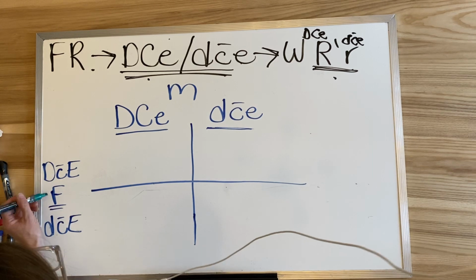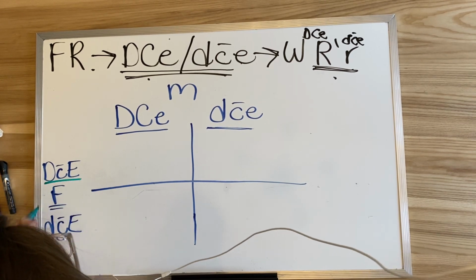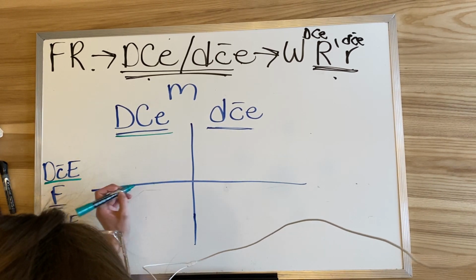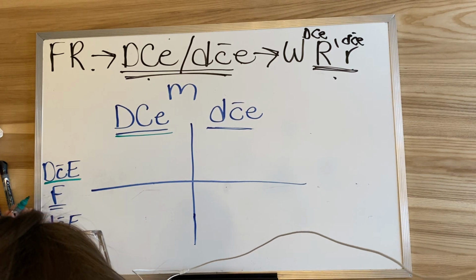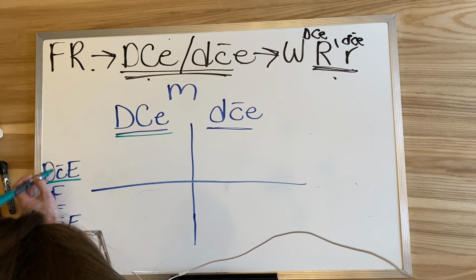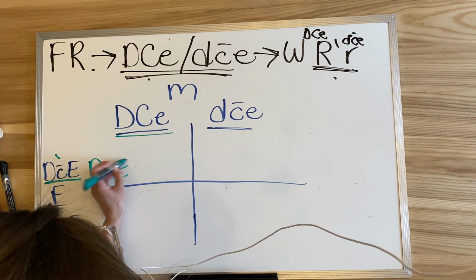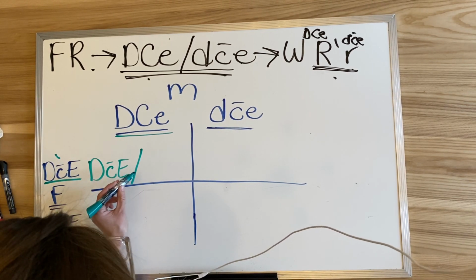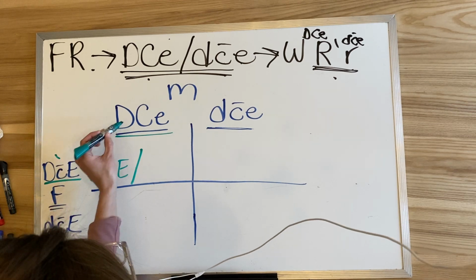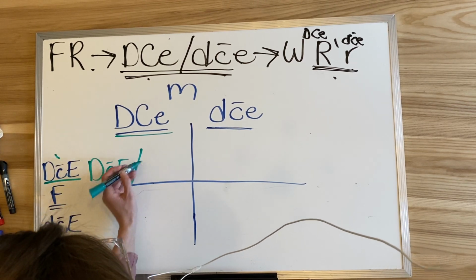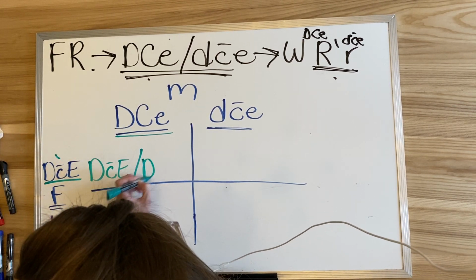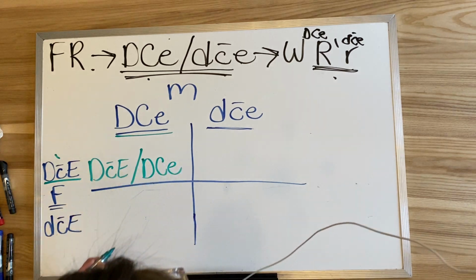So now we can combine this group of 3 with this group of 3 for a potential genotype for the offspring. So if we start here, we can do D, C, E, slash, because it's one person, we're combining father and mother together for one offspring. So they'd also have to have the mom, which is D, C, E, like that.